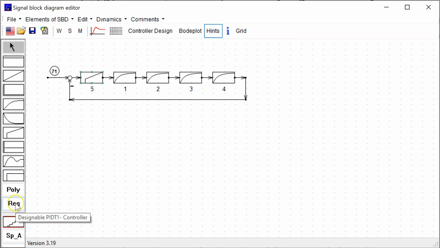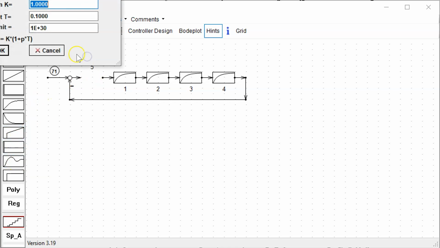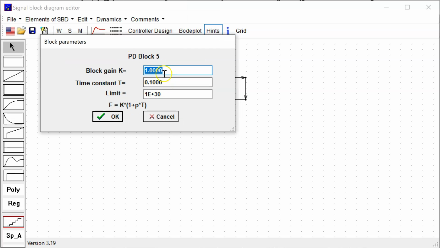Of course, you can make a PIDT1 into a PDT1. I can show you that now, but you can also combine a PD in series with a PT1. But then we have two blocks. I think I should do both. I remove the PI controller. Then I make a PD block. The PD block has gain 4 and time constant 0.33 seconds.